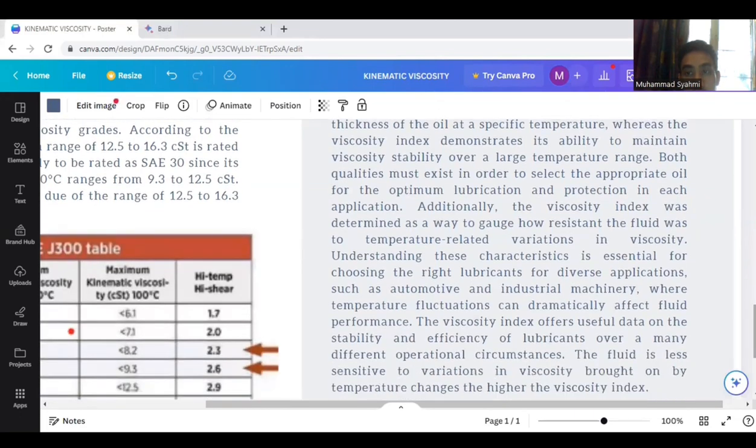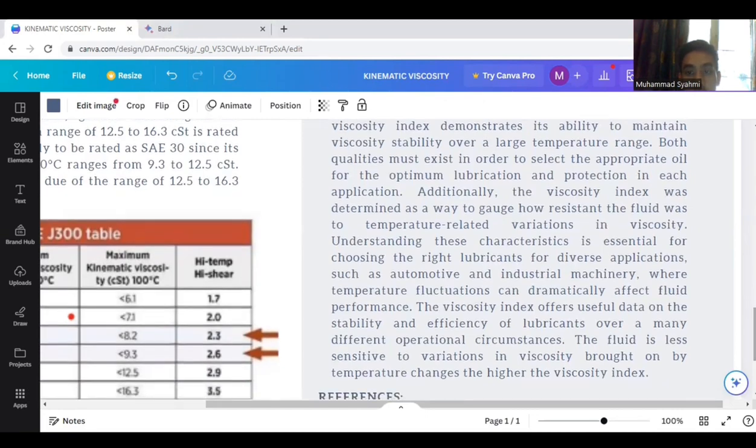Additionally, the viscosity index was determined as a way to gauge how resistant the fluid is to temperature-related variation in viscosity. Understanding these characteristics is essential for choosing the right lubricant for diverse applications such as automotive and industrial machinery, where temperature fluctuation can dramatically affect fluid performance.